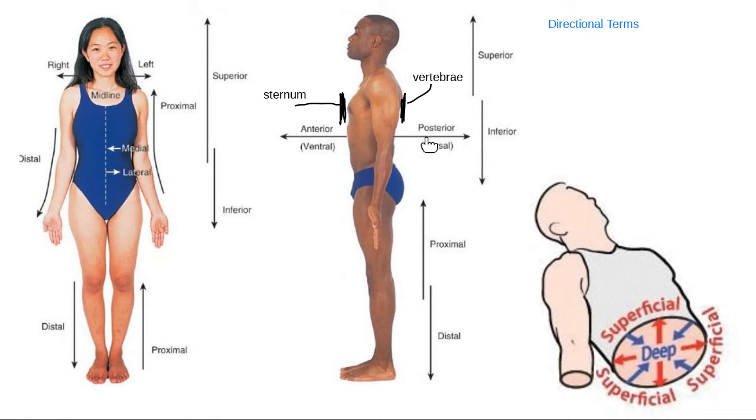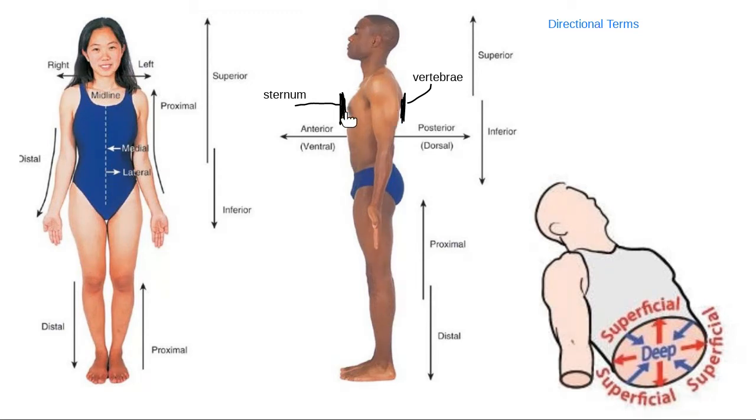When I'm writing a sentence to compare structures, I need to make sure I put my structures in the right order. So, for example, if I start with "the sternum is blank to the vertebrae," if I was using normal person words, not anatomy words, I would say the sternum is in front of the vertebrae, right?